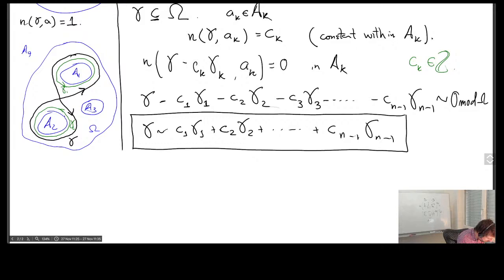The curve gamma up to homology looks just like gamma 1 minus gamma 2, in the sense of the integrals and the winding numbers, because the winding numbers are just integrals. Is this clear?